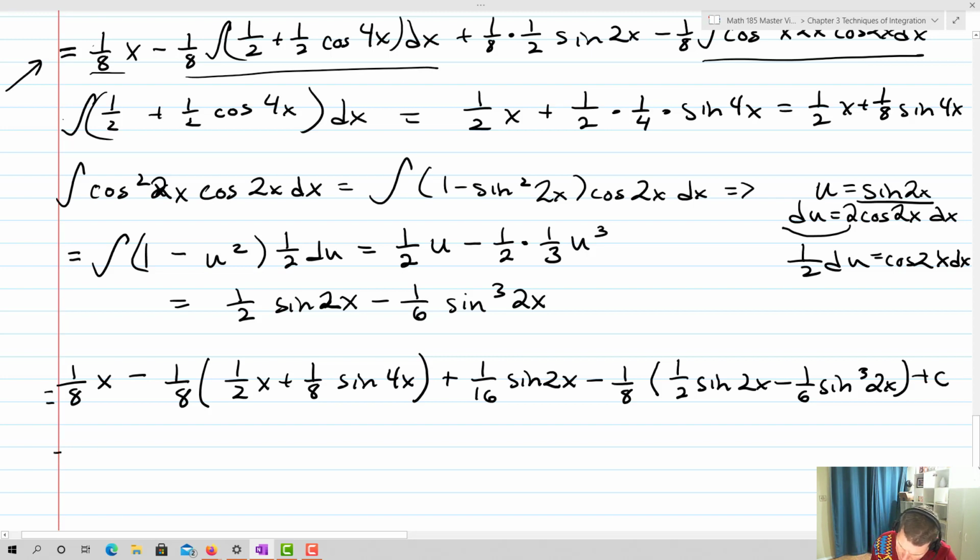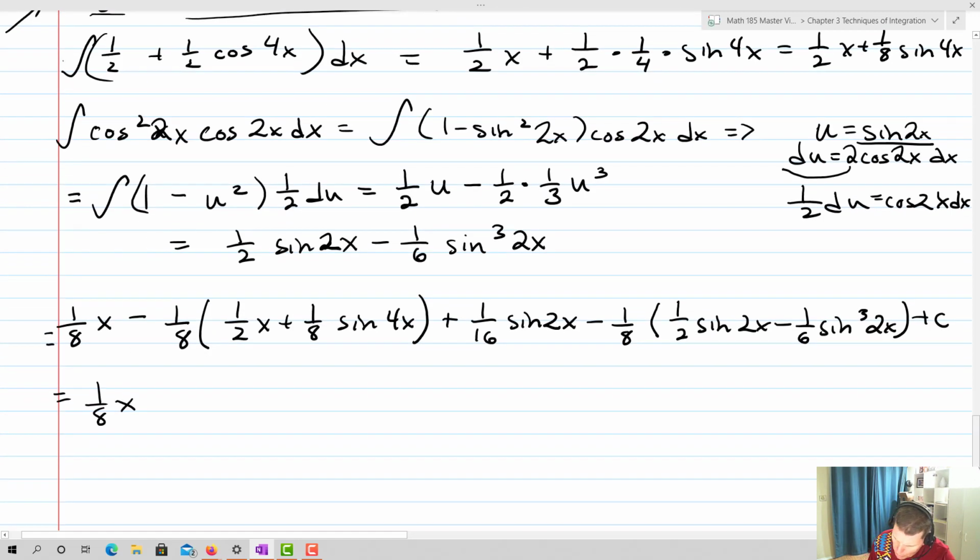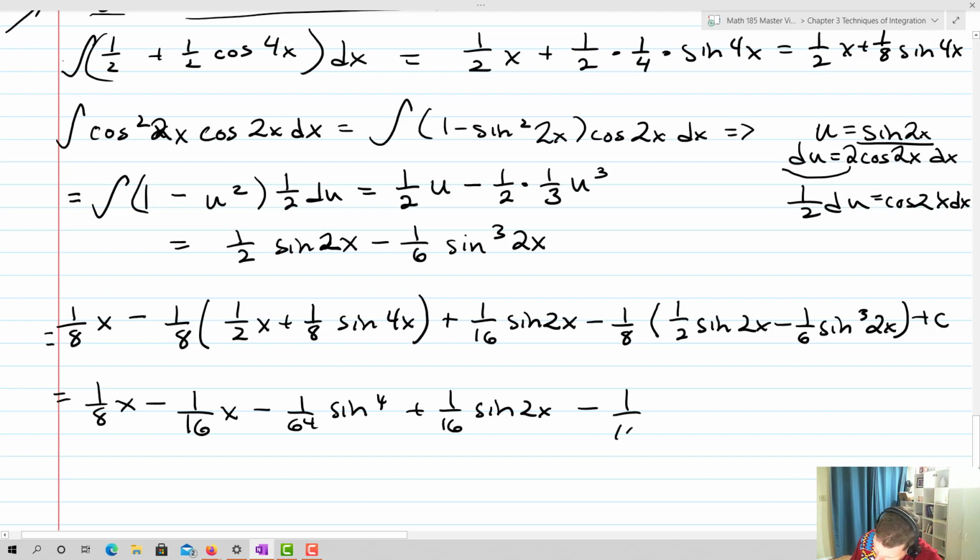So now finally we're going to get 1/8 x, or well, maybe not finally, actually we've got a little bit more to do. 1/8 x minus 1/16 x minus 1/64 sine 4x plus 1/16 sine 2x minus 1/16 sine 2x. Ooh, that's nice. Plus 1/48 sine cubed 2x plus c.